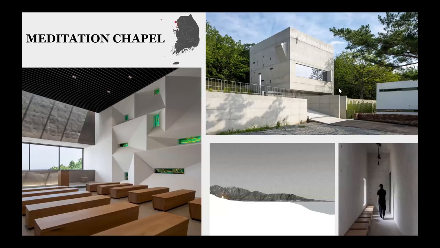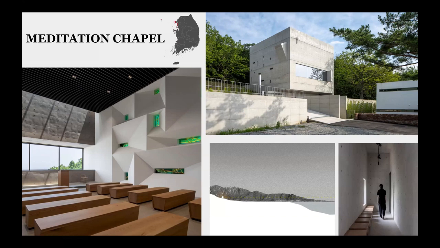The sacred space I researched was the meditation chapel located in Gangwon, South Korea. It was made by architect Lee Eun-suk as requested by a small prayer group. This space is pretty minimalistic. It's made up of concrete and glass. The space uses light and other natural materials, such as the exterior nature, to convey the ideas of the individual's connection with the divine.